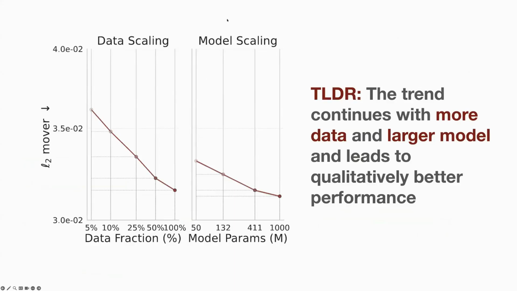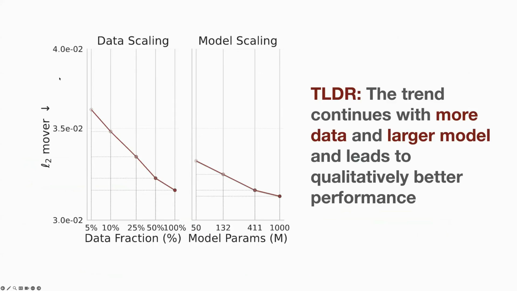What's also interesting is that the trend continues with more data and larger models. We separate these two cases. On the left side, we keep the model size the same and vary the fraction of data that we provide to the model training, and we evaluate on the same task set.